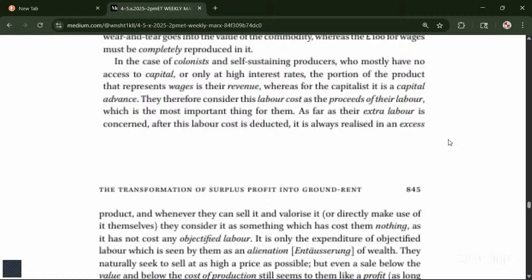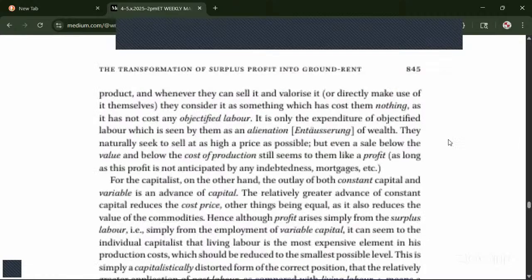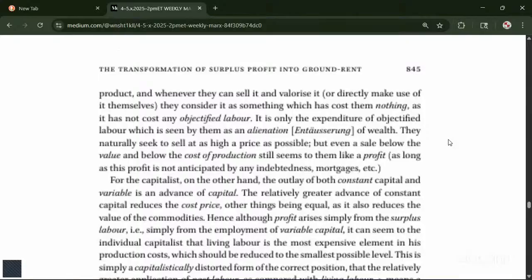They naturally seek to sell at as high a price as possible, but even a sale below the value and below the cost of production still seems to them like a profit, as long as this profit is not anticipated by any indebtedness, mortgages, etc. For the capitalist, on the other hand, the outlay of both constant capital and variable is an advance of capital.